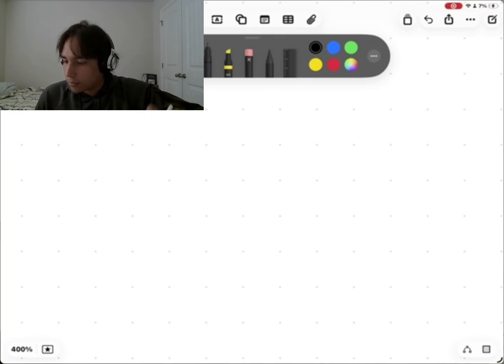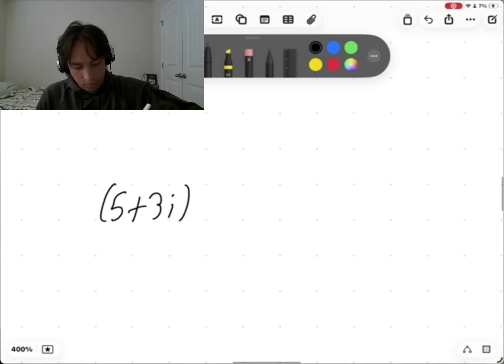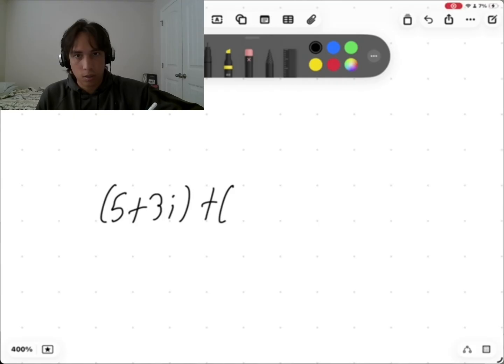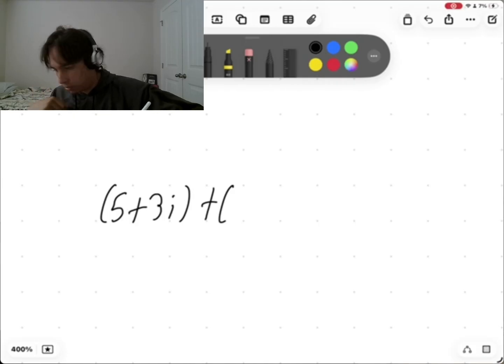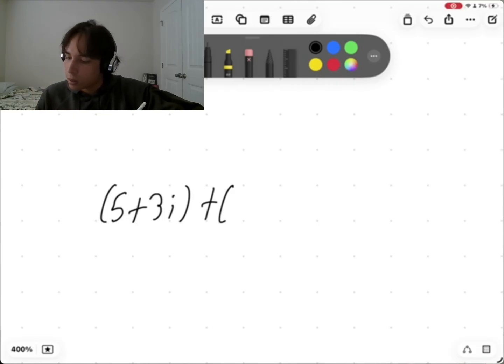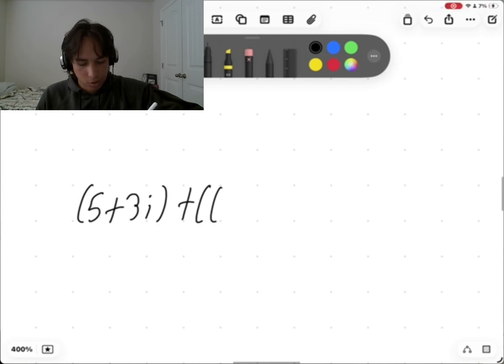So now you get 5 plus 3i. We're gonna show the associative law of addition. The book uses some curly braces when you're nesting operations.